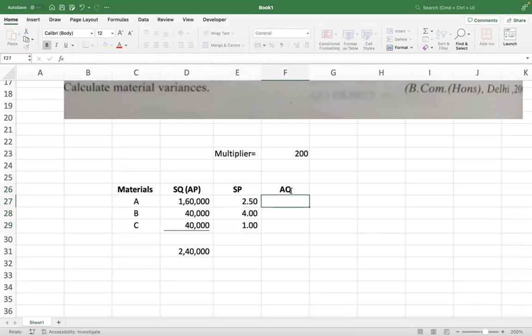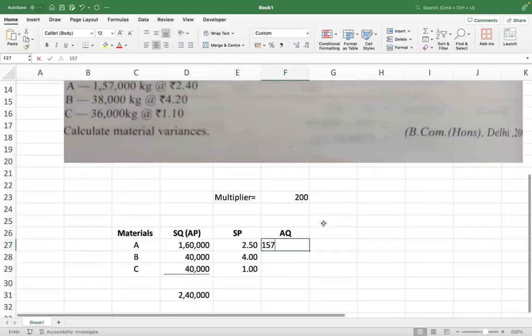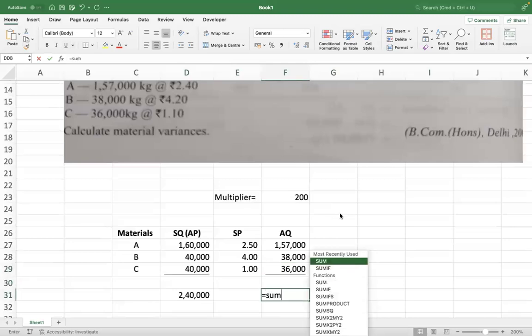Is the actual quantity given to you? Yes, it is. 1,57,000 for A, 38,000 for B, and 36,000 for C. So this is your actual consumption.